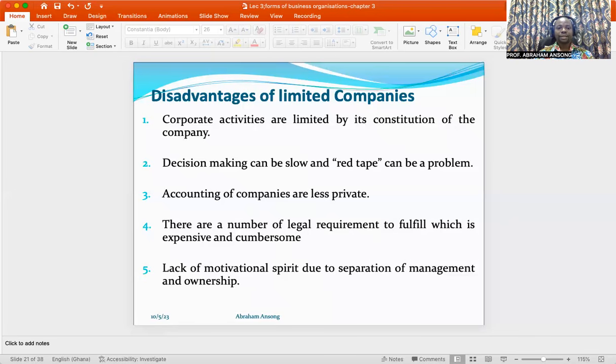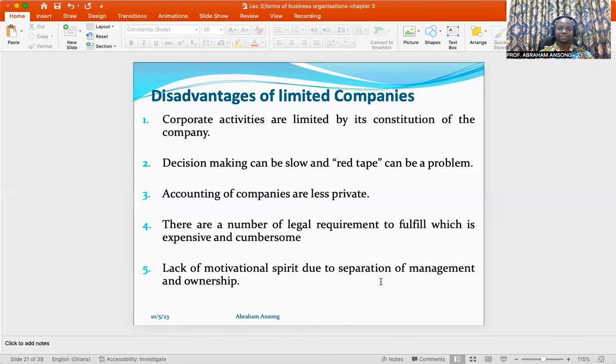Okay. There is the lack of motivational spirit due to separation of management and ownership. When we were explaining sole proprietorship, we said the owners are also responsible for the management. And because they will be enjoying all the profit, they normally have a lot of zeal, passion, and enthusiasm in committing to performing the activities of the business.